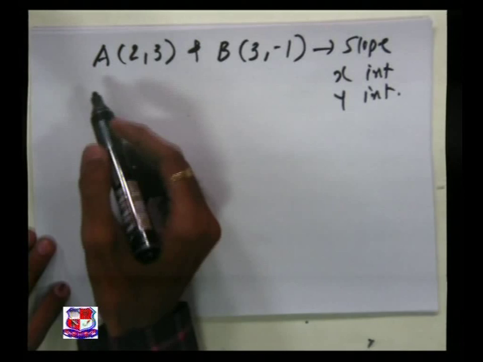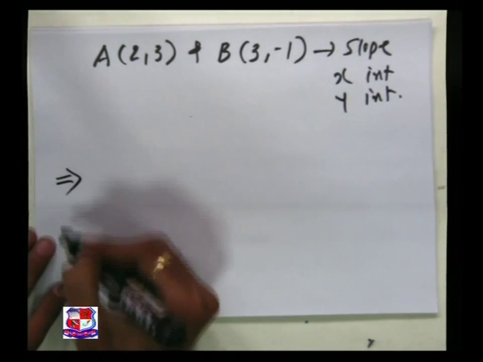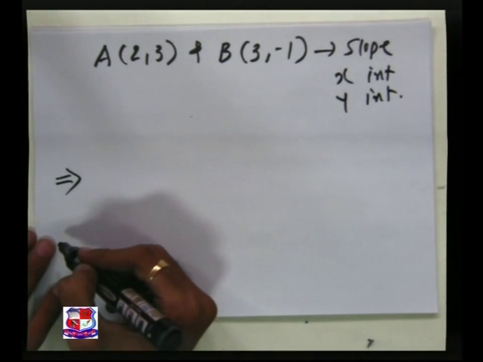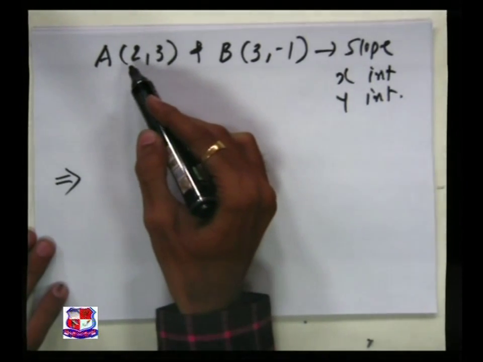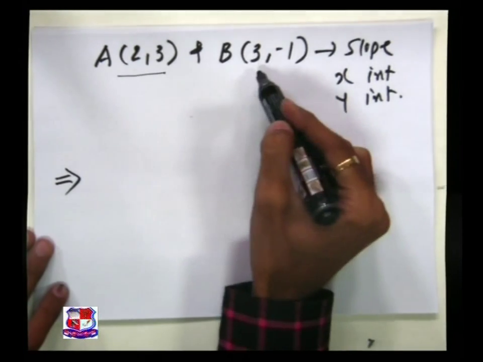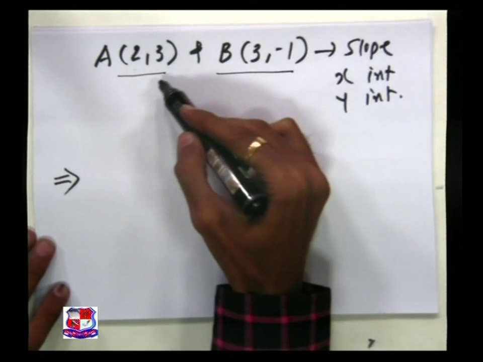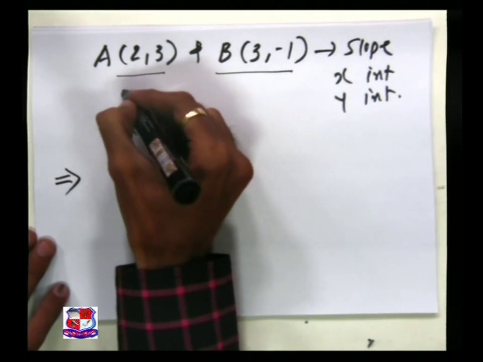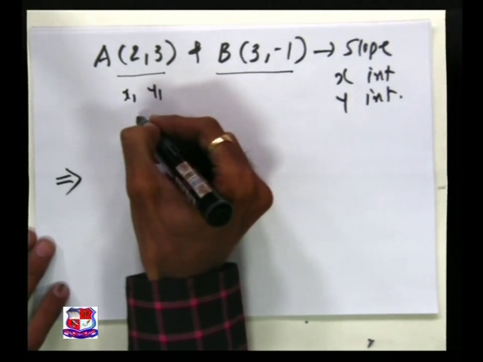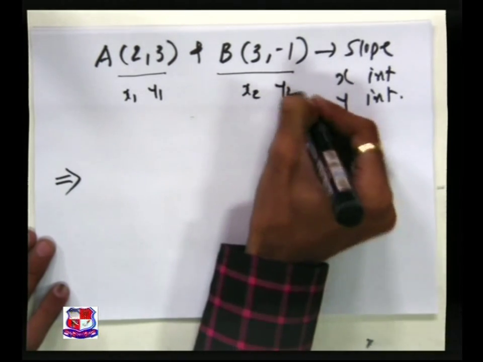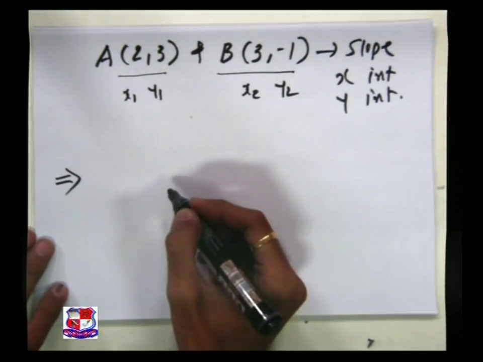So first of all we need to find the equation of the line which is passing through these 2 points. We are given 2 points, this one is x1, y1 and this one is x2, y2, and we need to find the equation of this line.